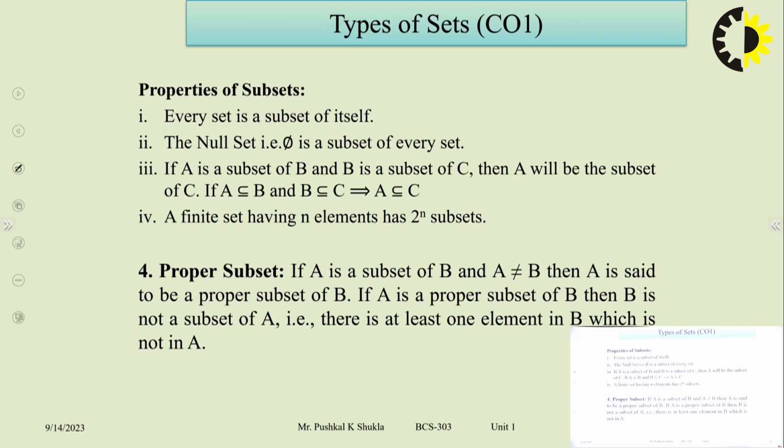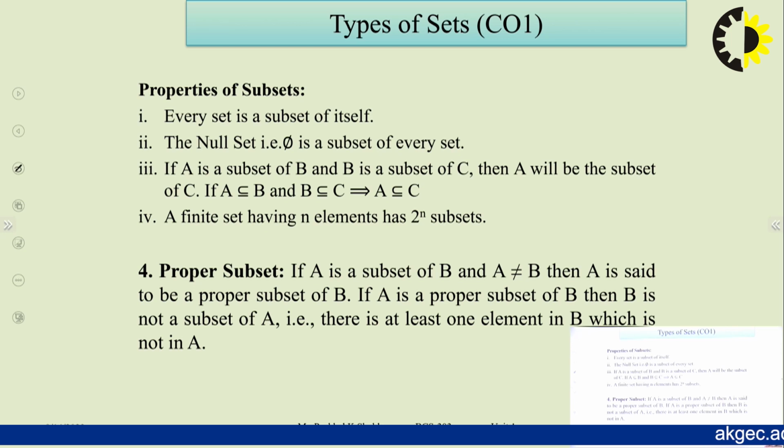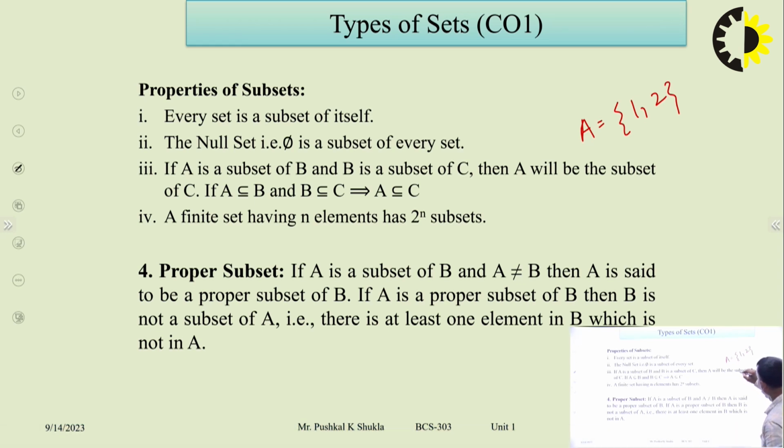Properties of the subsets. Every set is a subset of itself. Suppose A equal to 1, 2. So every set is a subset of itself. It means A is a subset of itself. This is an important theorem.